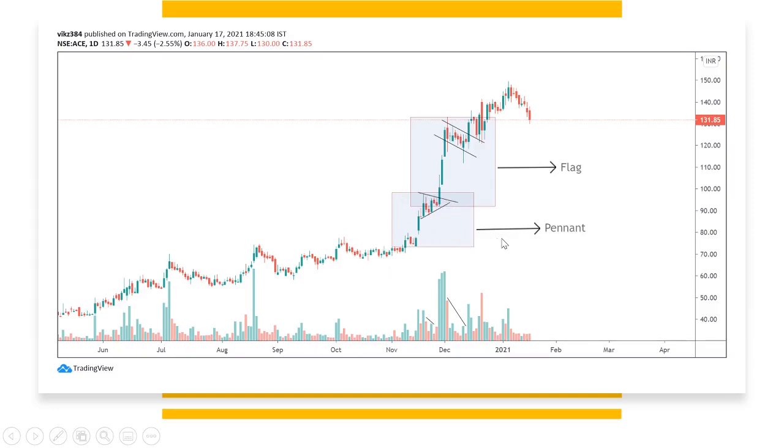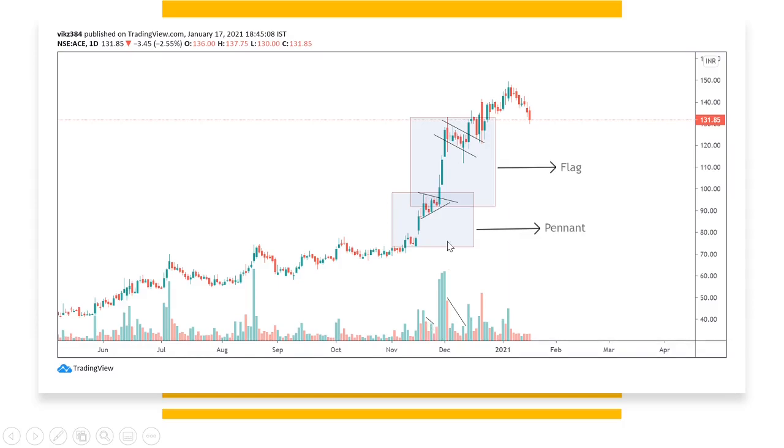So this whole structure is considered a pennant, that is, this is the pole, this is the pennant. Then from here another flag starts, this is the pole and this is the flag. Here the breakout happens, retest happens, and now the price is hovering here somewhere.